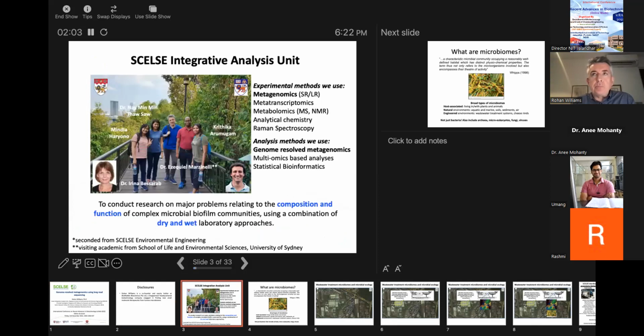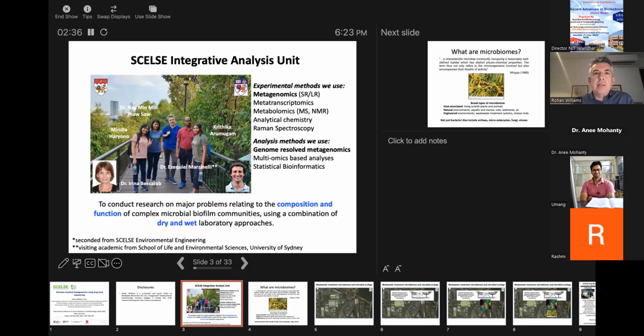And this is my research group at SCELSE. It's called the Integrative Analysis Unit, and I call it a unit because we're not only a research lab, we also do bioinformatics service provision and bioinformatics training, so we have quite a mix of activity. But our primary focus is on analyzing the composition and function of complex microbial biofilm communities.